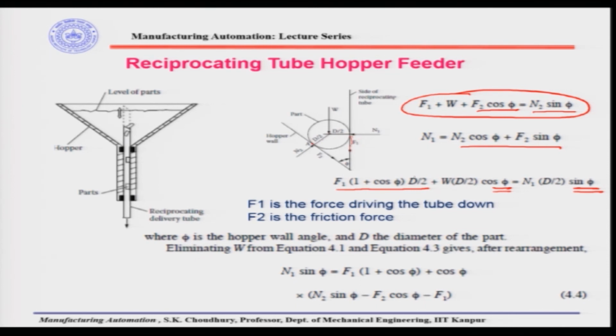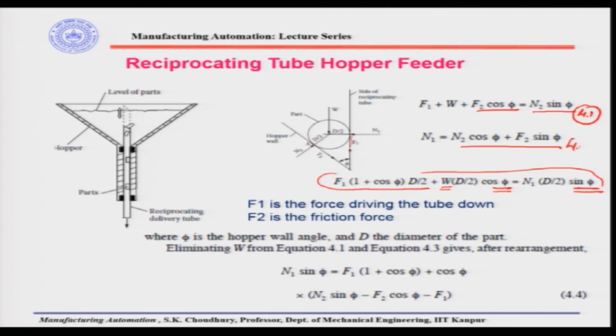Now, we will take from this equation the value of W and put it in another equation. Let us say this is equation 4.1, this is equation 4.2, and this is equation 4.3. So, from 4.3 we will take the value of W and put that value in here.